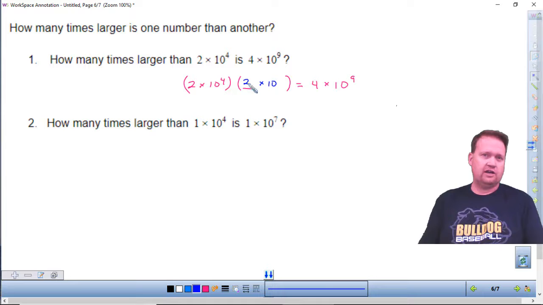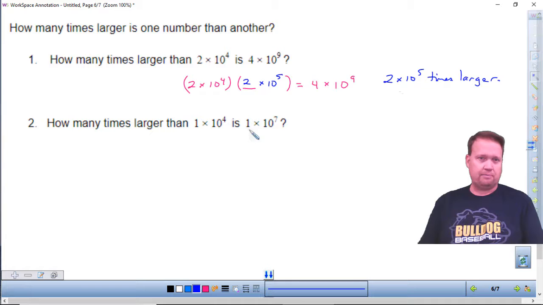It was 4 here, and I have a 9 here. How many more 10s do I need? The answer is 5, because 4 plus 5 gives me 9. So the missing number is 2 times 10 to the 5th. In short, our answer would say something like 2 times 10 to the 5th times larger. That's how many times larger 4 times 10 to the 9th is than 2 times 10 to the 4th.